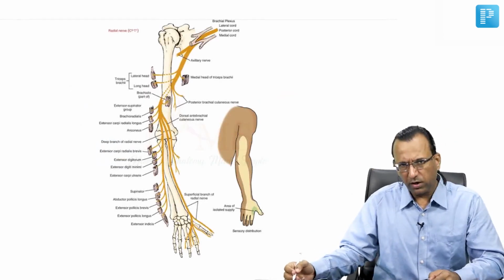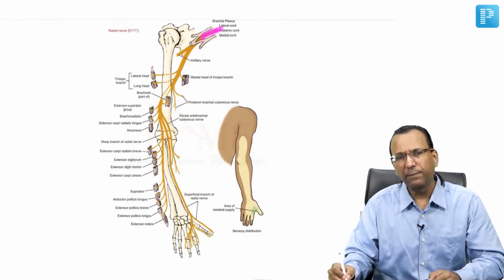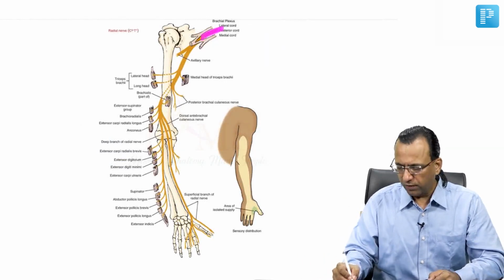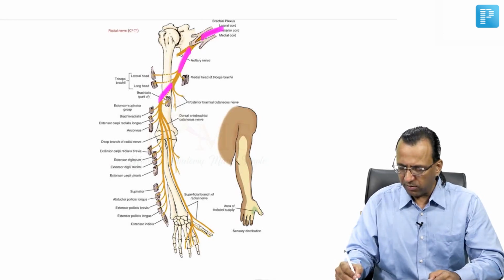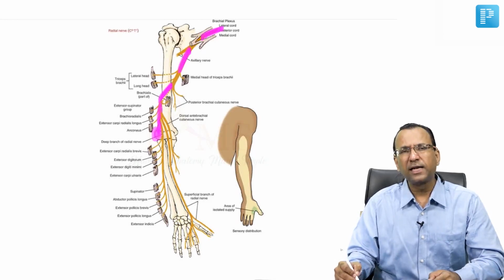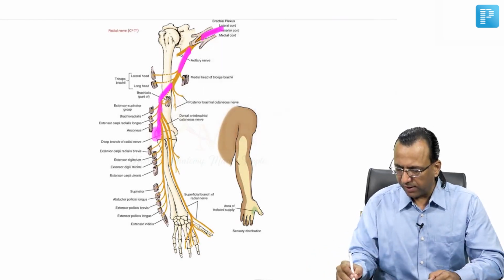You have to draw a diagram for the radial nerve. It comes from the posterior cord of the brachial plexus in the axilla, passes behind the humerus in the radial groove, comes out of the groove and reaches the front of the lateral epicondyle, supplying some muscles along the way. What muscles is it supplying? It supplies the triceps and anconeus muscles in the groove.